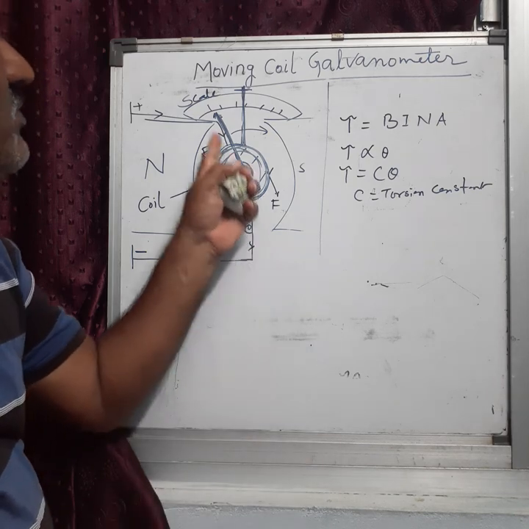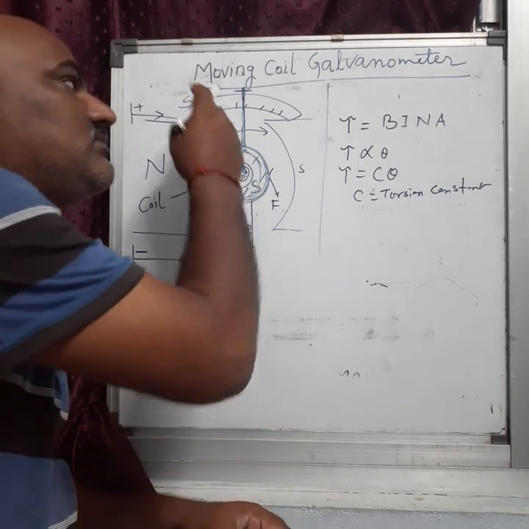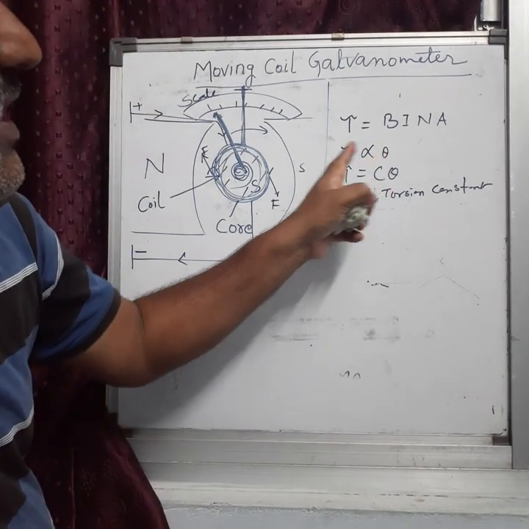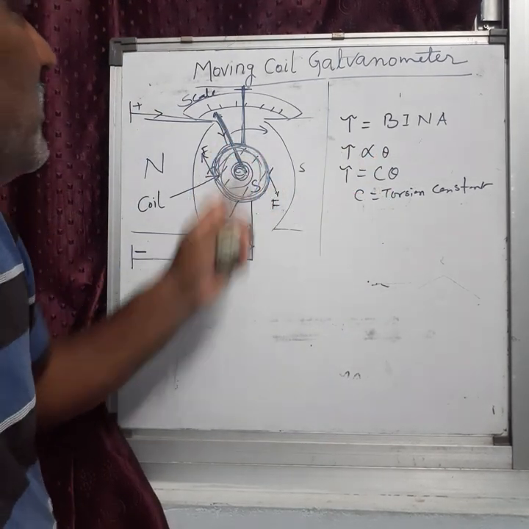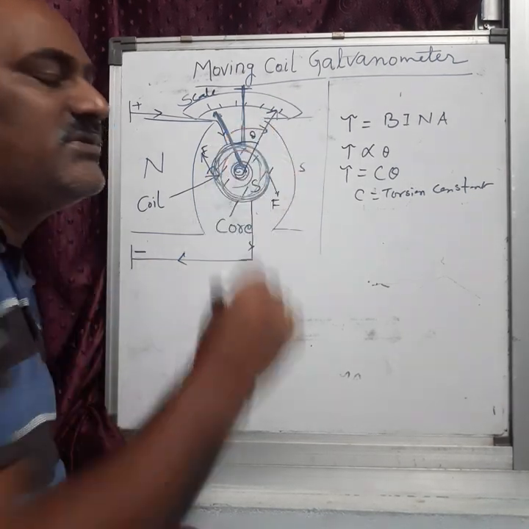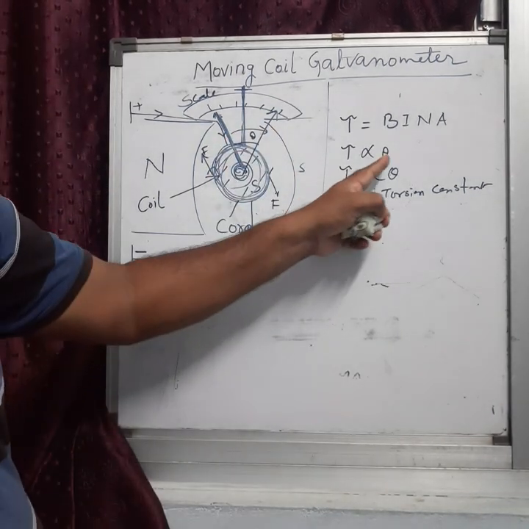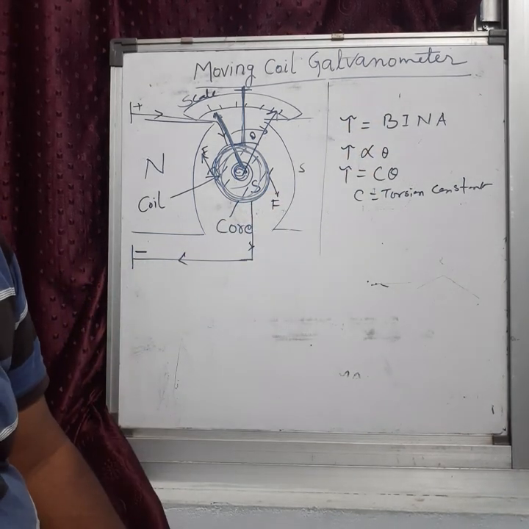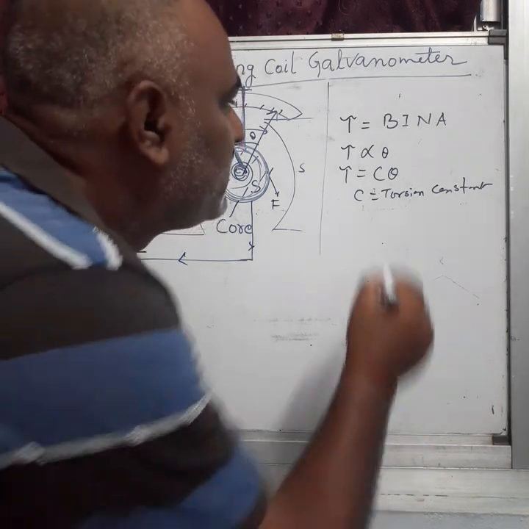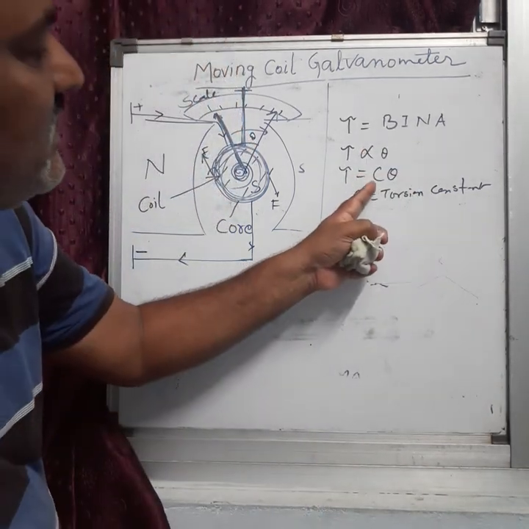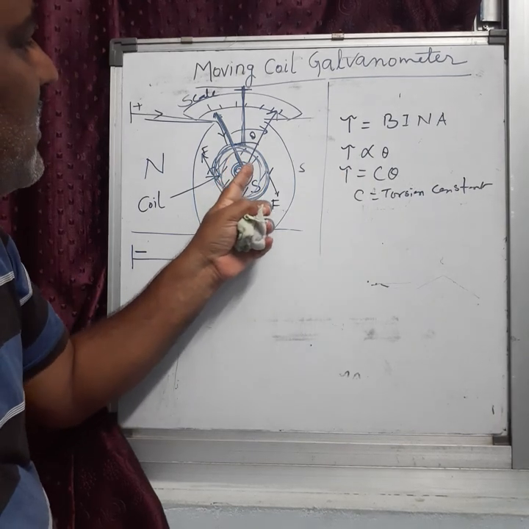As much torque is produced, the indicator will move that much. As torque increases, the deflection in angular displacement also increases. So the proportionality constant is C, the torsion constant of this spring.